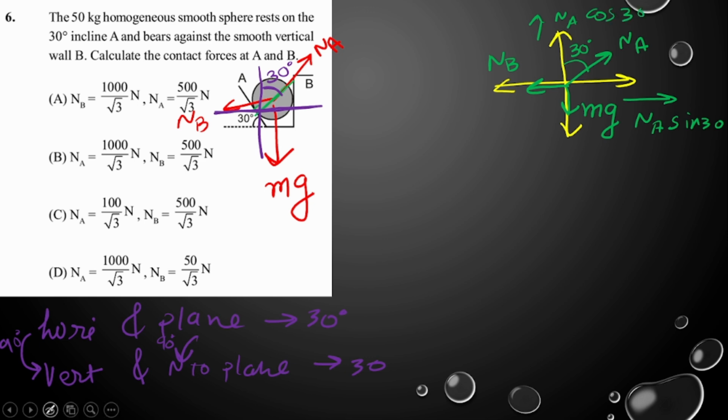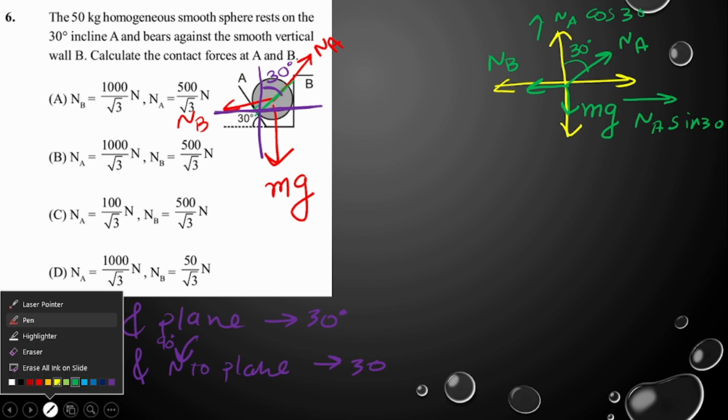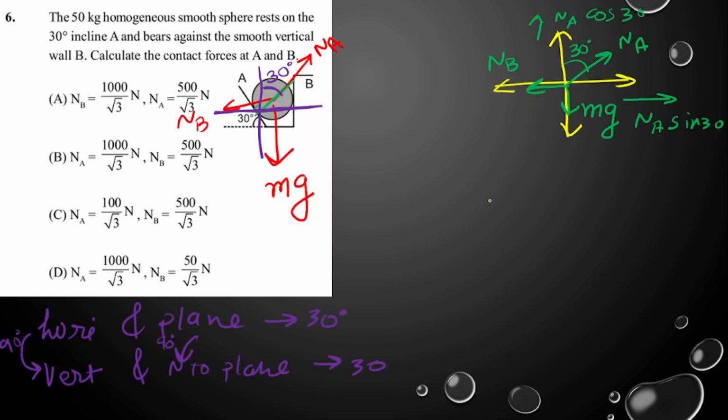Comparing the components, mg is equals to NA cos 30. mg is 500 equals to NA cos 30, which is root 3 by 2, into root 3 by 2.